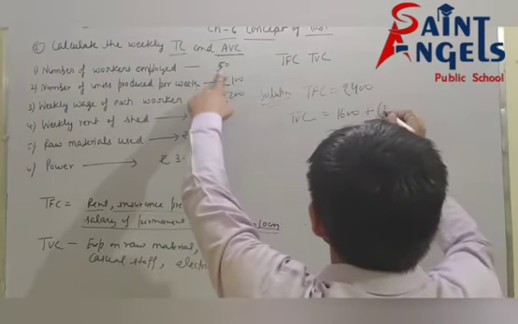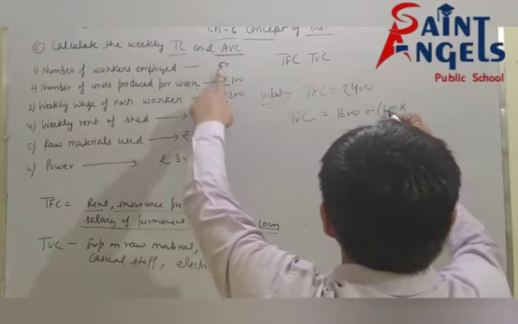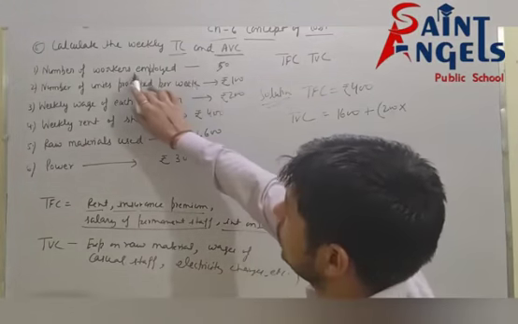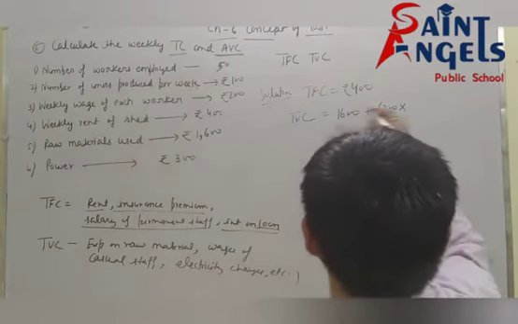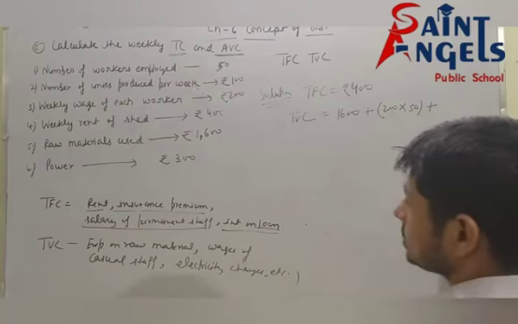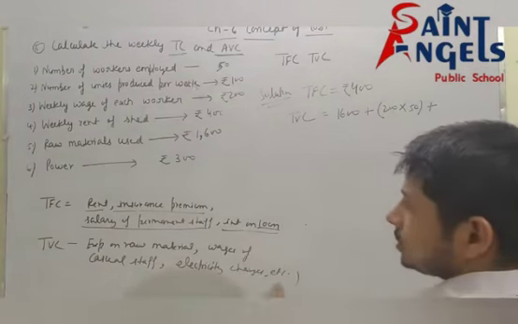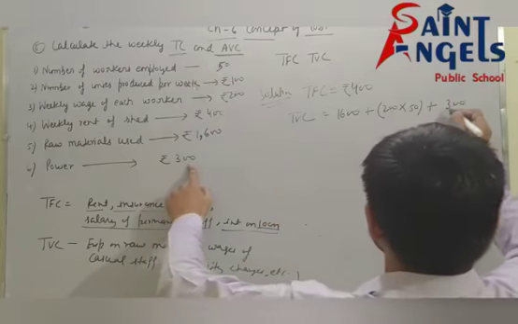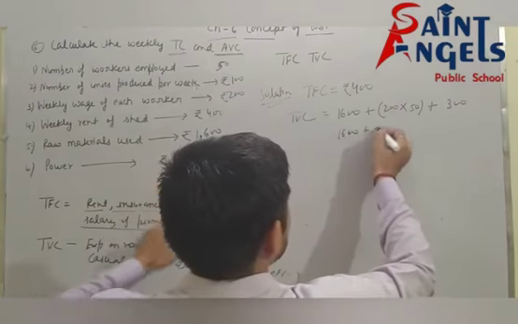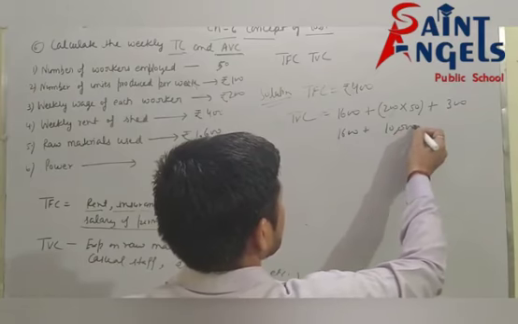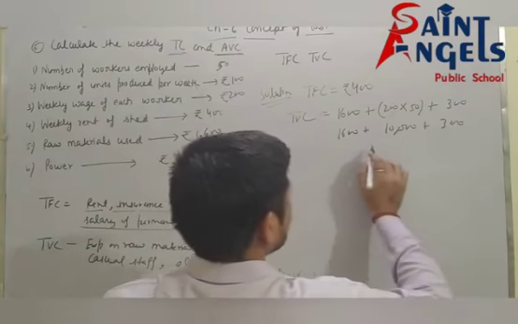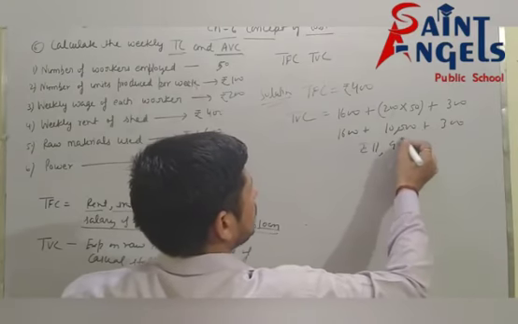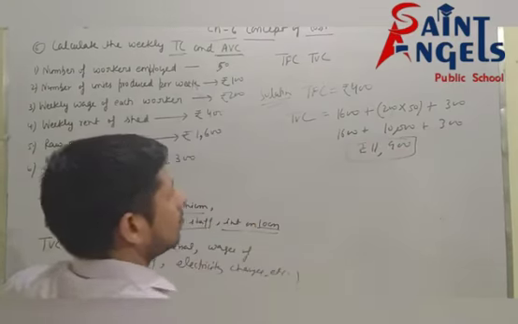So 200 is the wage of one worker, but in question, number of workers employed is 50. Plus electricity charges. Power relates to electricity. So 300. 1600 plus this is 10,000 plus 300. Now 11,900. This is total variable cost.